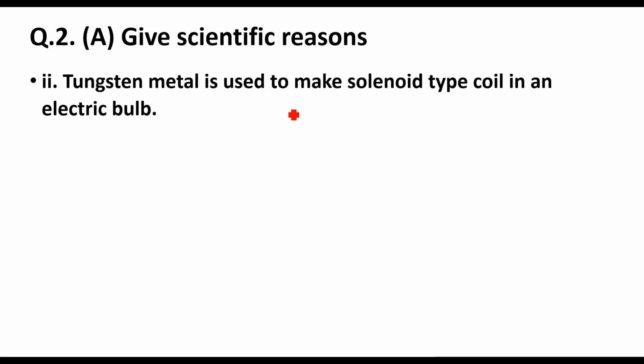Tungsten metal is used to make a solenoid type of coil in an electric bulb. Again here I suggest that you categorize the words. Point number 1 to be focused on is the tungsten metal. There are so many metals, so we can use many metals to make a solenoid coil, but why tungsten? Why a solenoid type of coil?